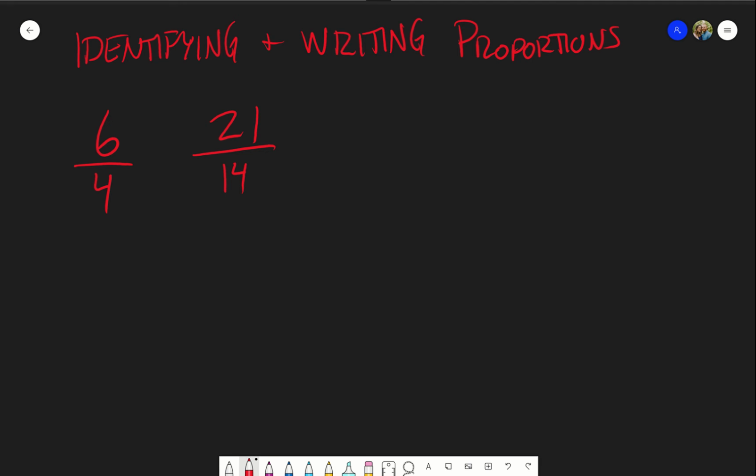And I want to know, are these two ratios equal? Does 6 over 4 and 21 over 14, are those equal? Or another way to say equal, think about fractions. The way to say equal fractions is equivalent. Are these equivalent ratios?